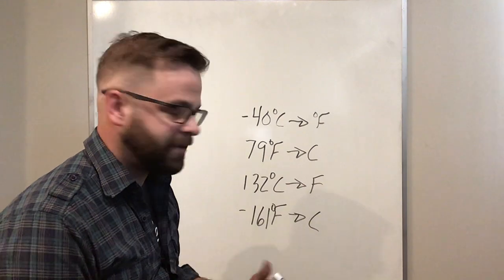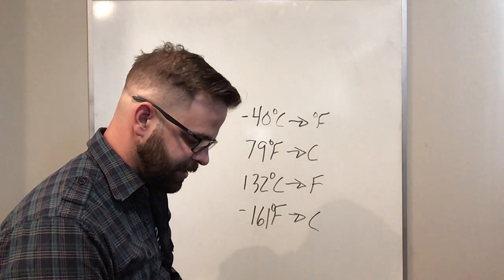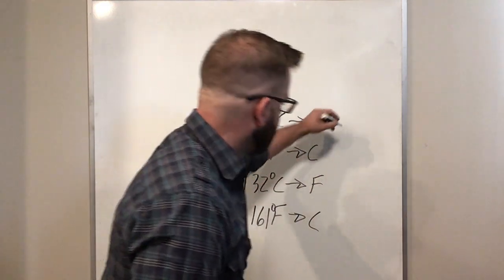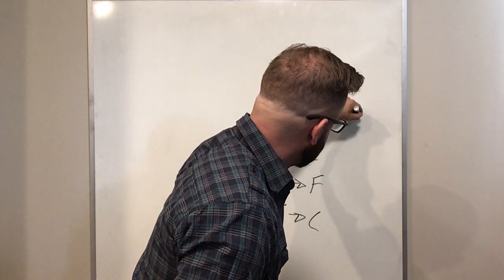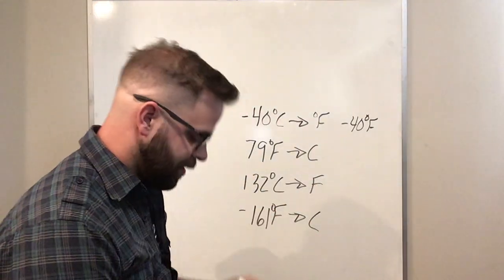So you get a value of negative 72, and then we add 32 to that, and we get negative 40 degrees Fahrenheit. So just like what I was saying.